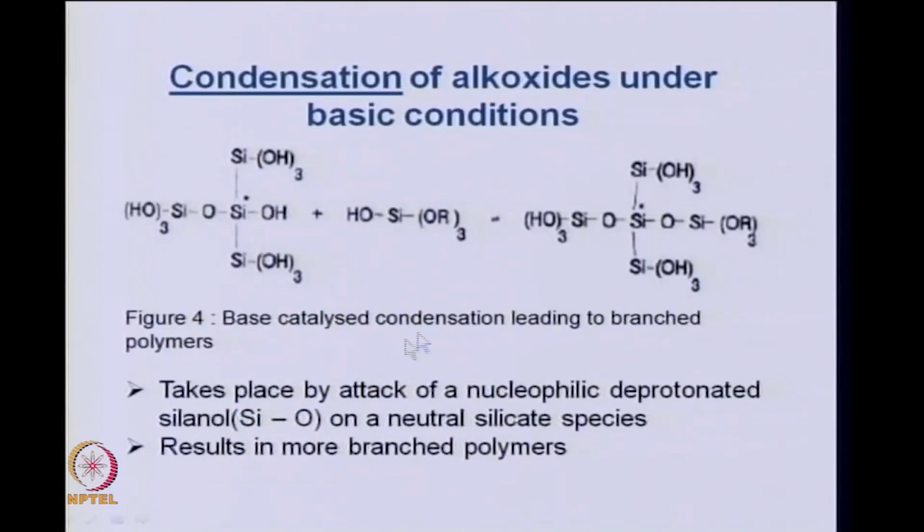So, base catalyzed condensation always leads to branched polymers, whereas acid catalyzed condensation leads to linear polymers. The base condensation will take place through the attack of a nucleophilic deprotonated silanol on a neutral silicate species, which is shown here, and results in more branched polymers.